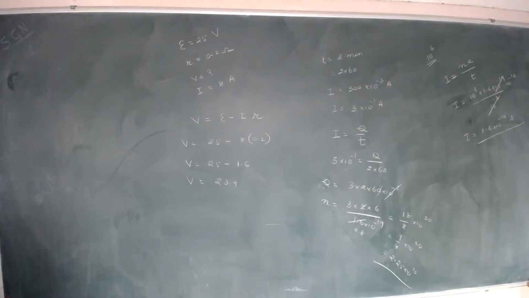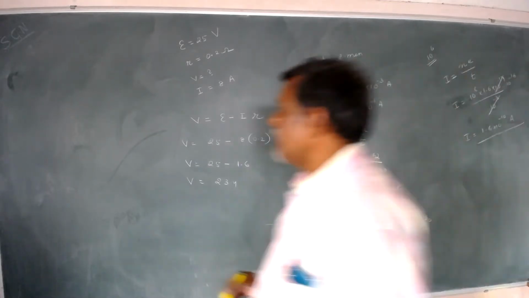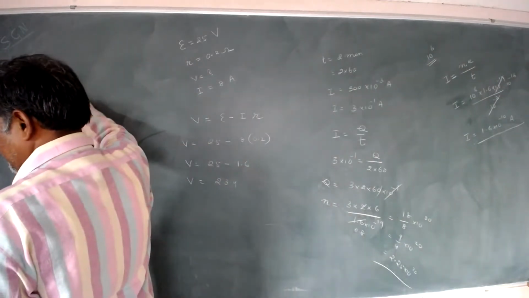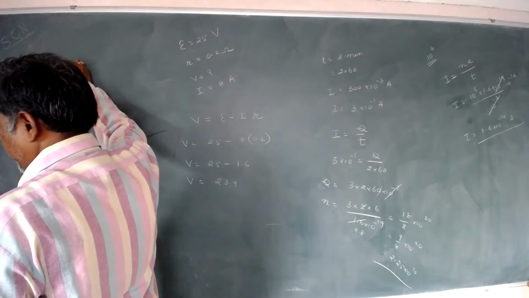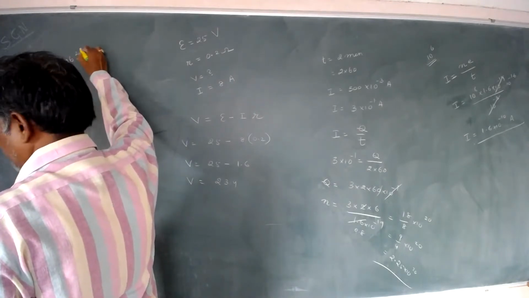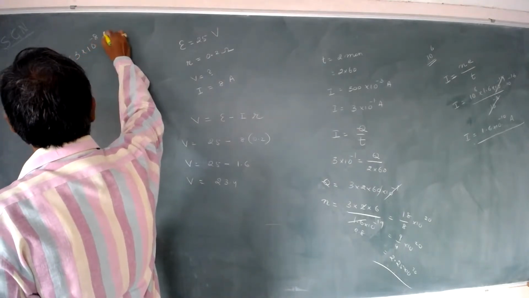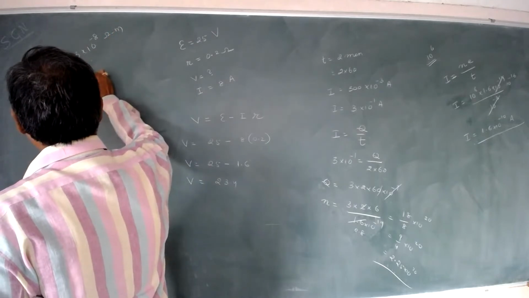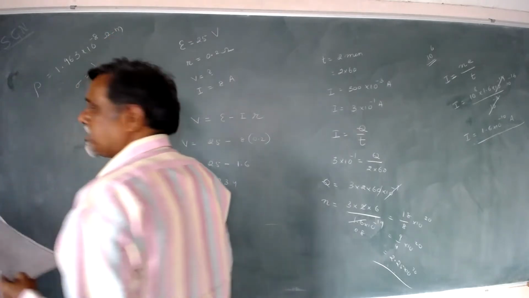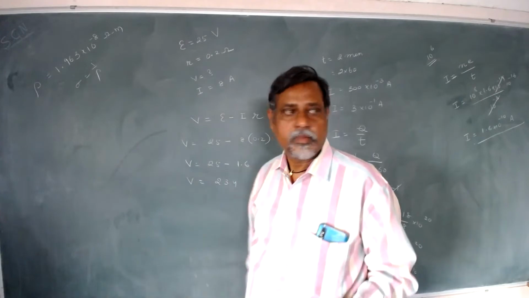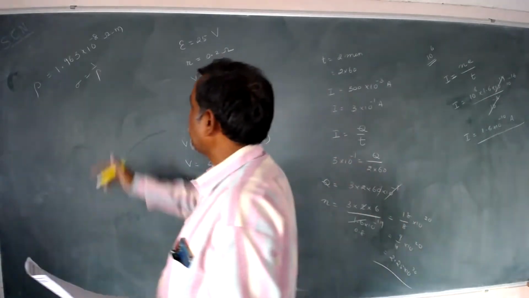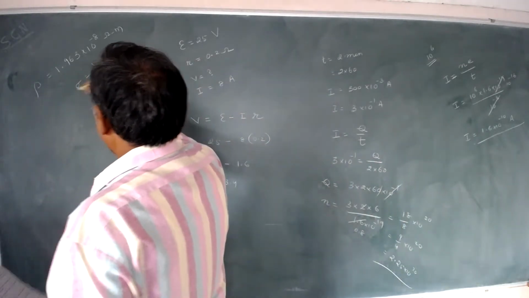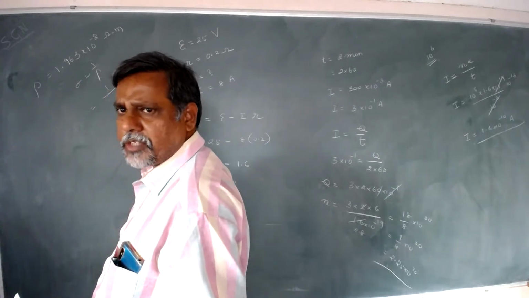Okay. The resistivity of a wire is 1.963 into 10 power minus 8 ohm meter. What is the conductivity? So resistivity is 1.963 into 10 power minus 8. Conductivity is the reciprocal of this, that's what you need to do. 1 by 1.963, I will take 2 approximately.